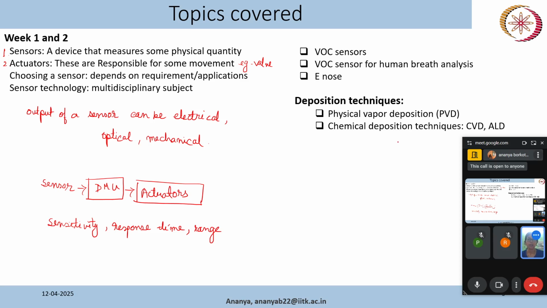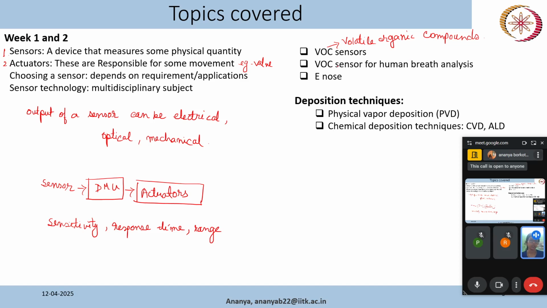Okay, so these are the things we learned in week 1 and 2, and in week 2 we have also discussed the VOC sensor. VOC stands for volatile organic compound. What are volatile organic compounds? Like acetone, ethanol, all these things.